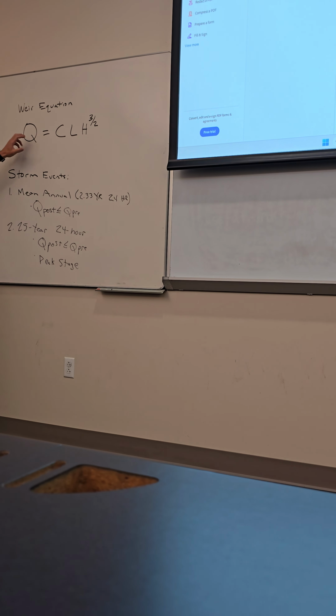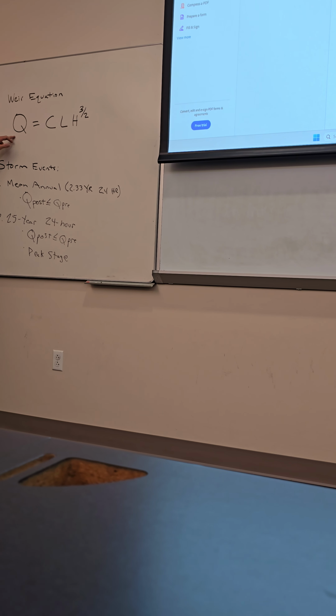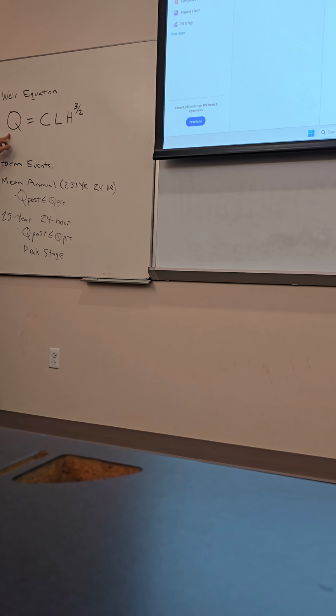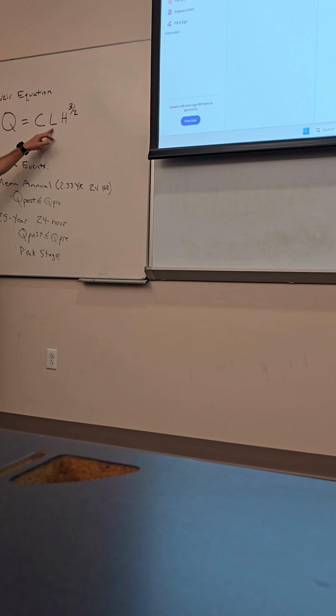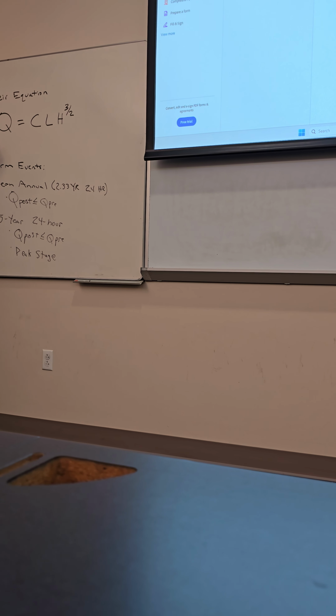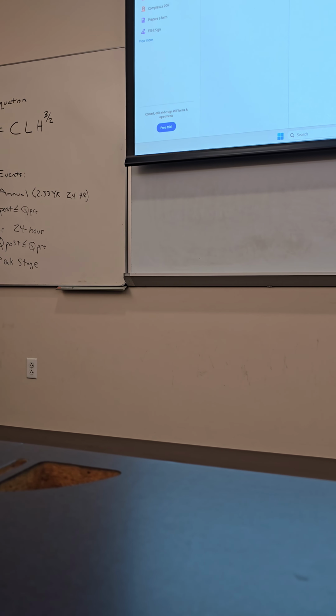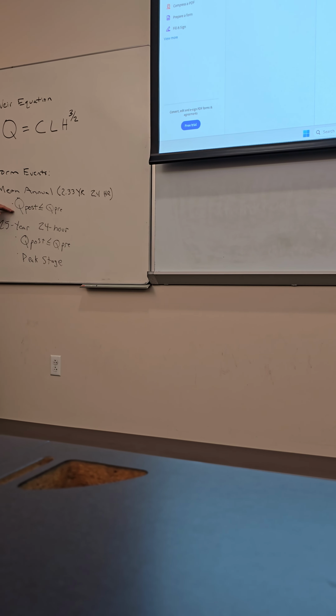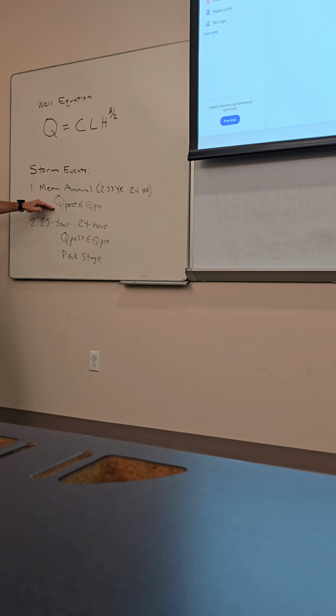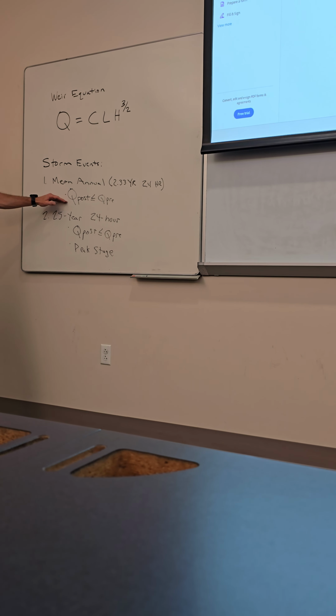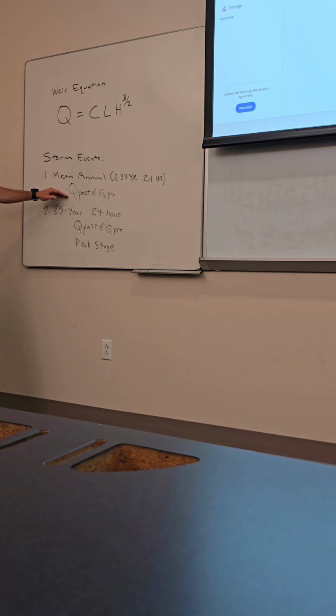So again, the length is directly proportional to the flow. So if my length gets bigger, my flow gets bigger, right? If the length gets smaller, the flow gets smaller. So again, when you're trying to meet this Q post versus Q pre, you need to think about that as you're running your pond, okay?